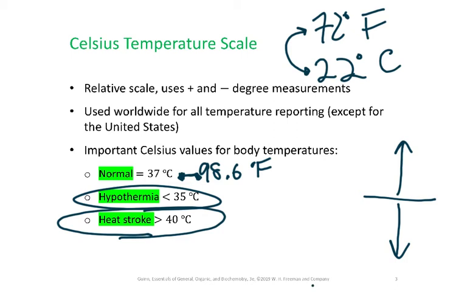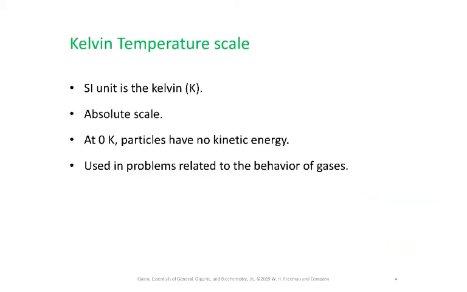The next thing I want to do is talk about this third scale, which is Kelvin. Kelvin is actually the SI unit for temperature. Remember, SI is the standard international system, so the units we use in science. It's an absolute scale, which means there are no negative values. It means that 0 Kelvin is the absolute theoretical coldest possible. Temperature is a measure of average kinetic energy.